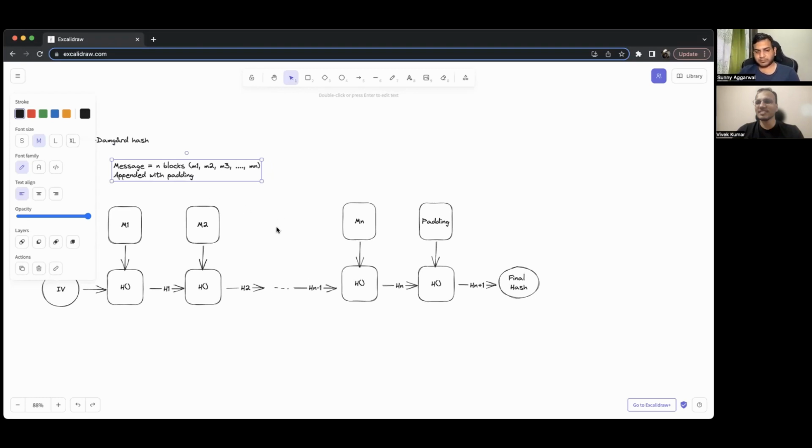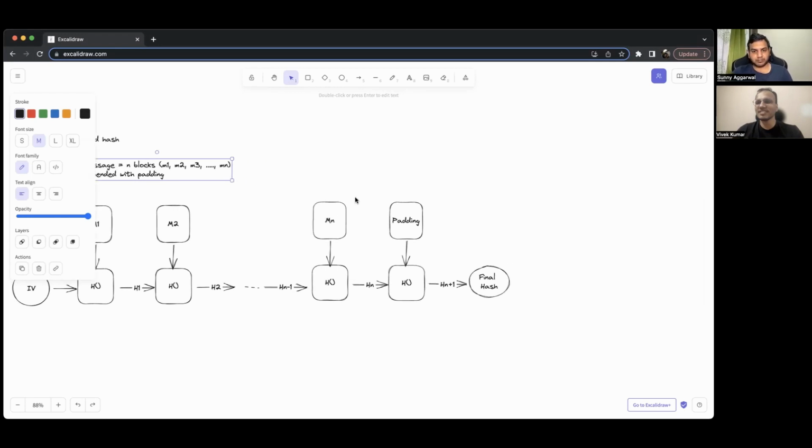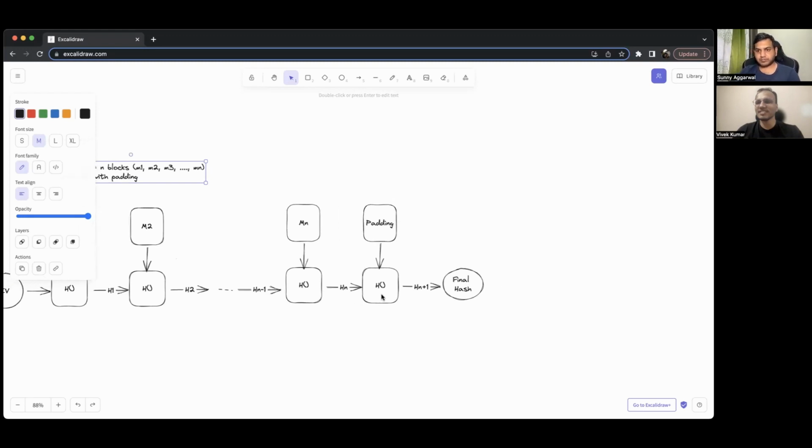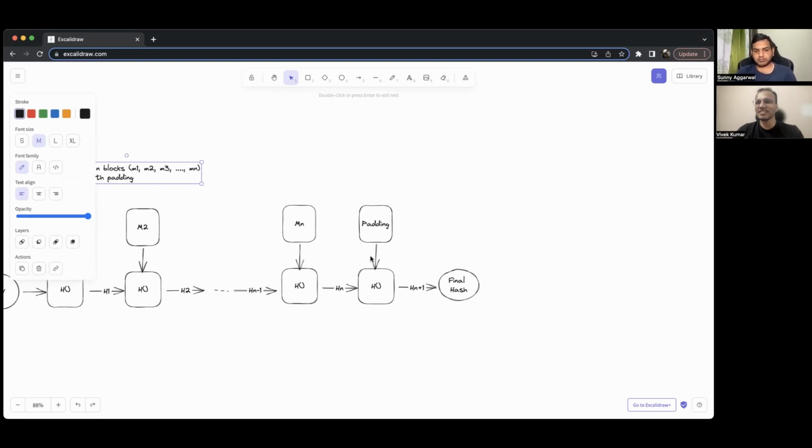This process keeps going until we reach the last block of the message, which is Mn. Mn is passed to the internal hash function along with the hash generated in the last round, the hash of n minus 1, and then Hn is generated, which is passed to the padding block, which generates the final hash.